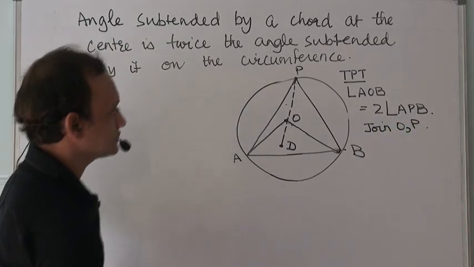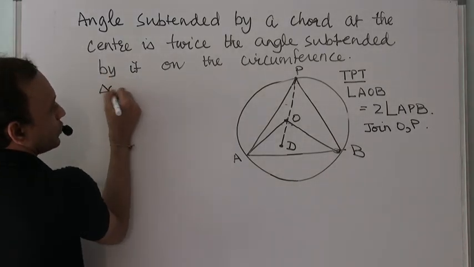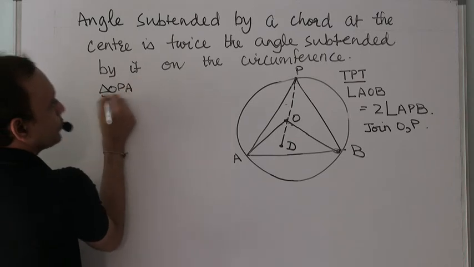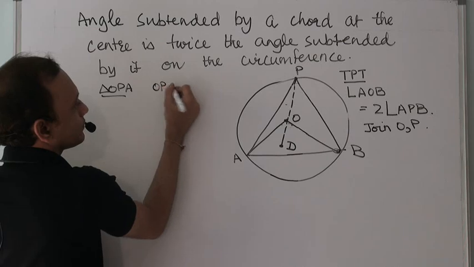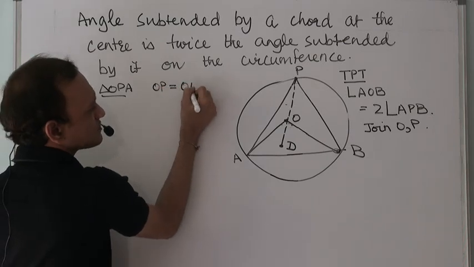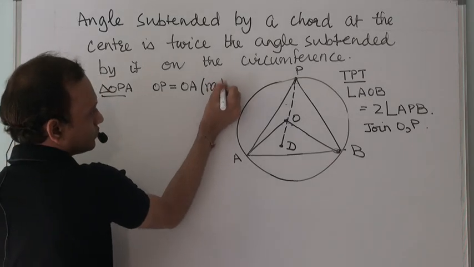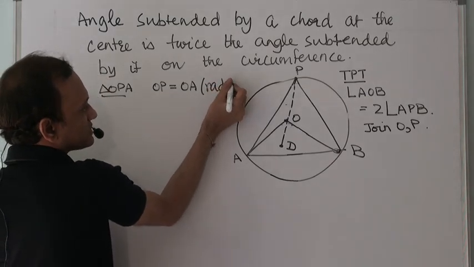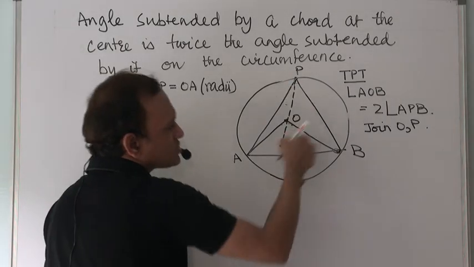Good. Now, in triangle OPA, OP is equal to OA. Why is that the case? Obviously, because they are radii of the same circle. And therefore, this is an isosceles triangle.